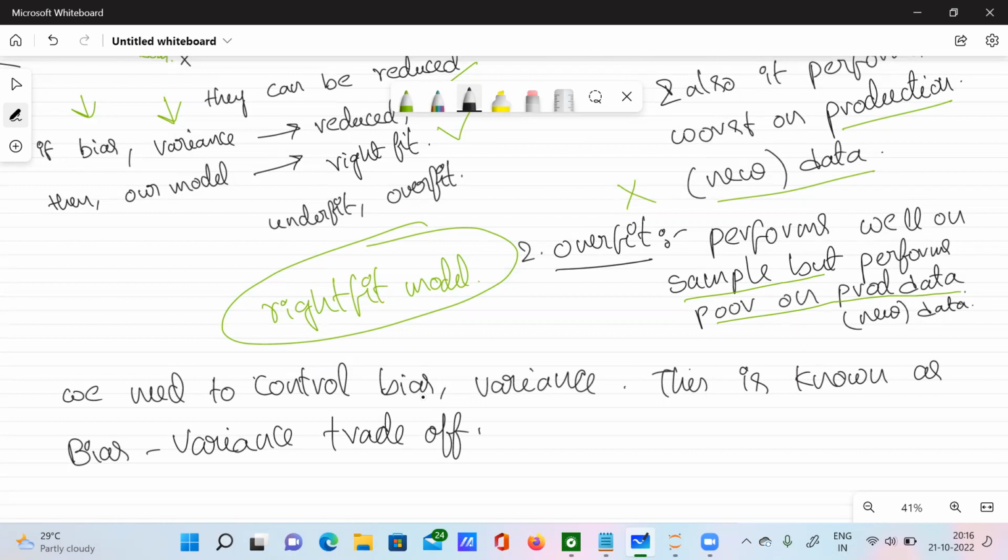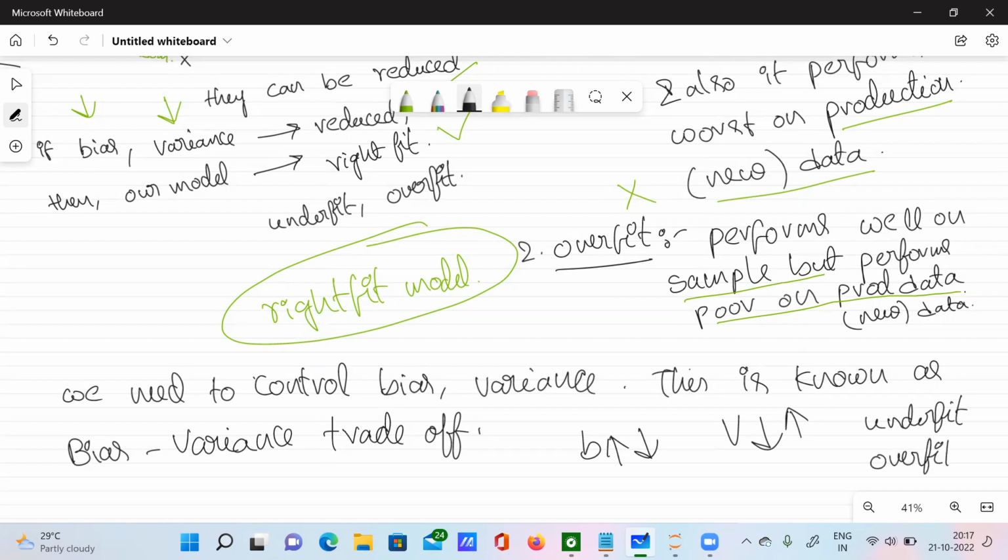For example, see here, this is the bias and this is the variance. If the bias is very high and the variance is very low, or if the bias is very low and the variance is very high, the situation may fall in either of the categories: it may underfit or it may lead to overfit.